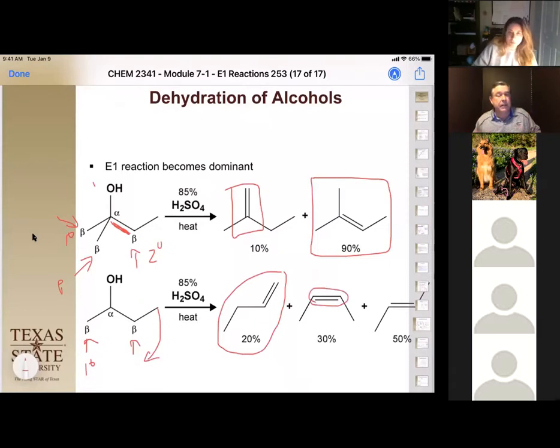But remember, the cis isomer is less stable than the trans isomer. So we get a little bit of that. And our trans isomer is the major product. The trans isomer is the major product because it's the most stable of the 3. So that means it must have the lowest energy barrier to go through that second step of the coordinate diagram.